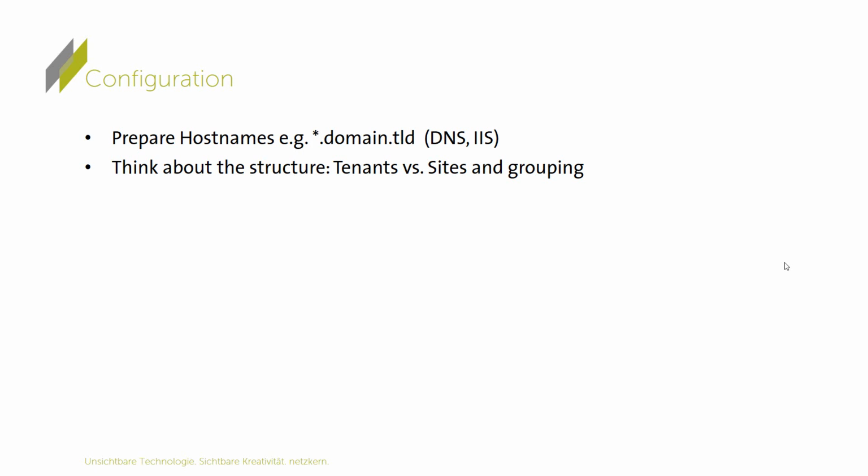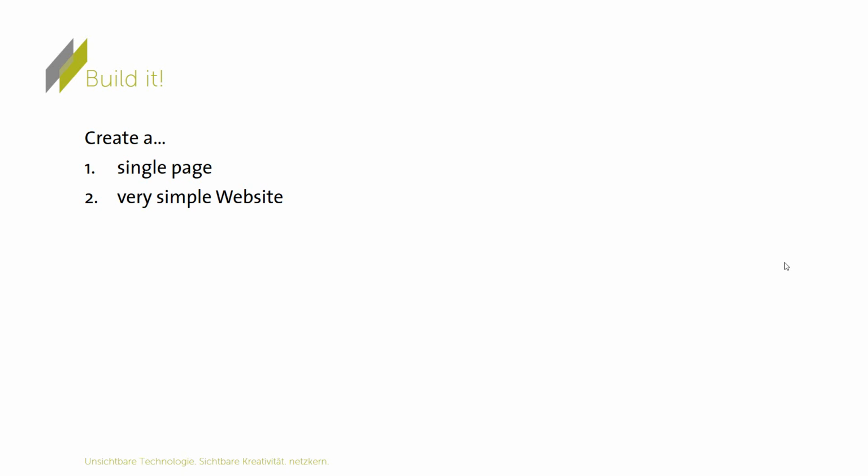And I would recommend to think about a structure, how you want to group your sites. If you have already prepared a bunch of sites, you can share content and themes within a tenant, but not between tenants. And finally, let's go and I will show you what the module is all about.